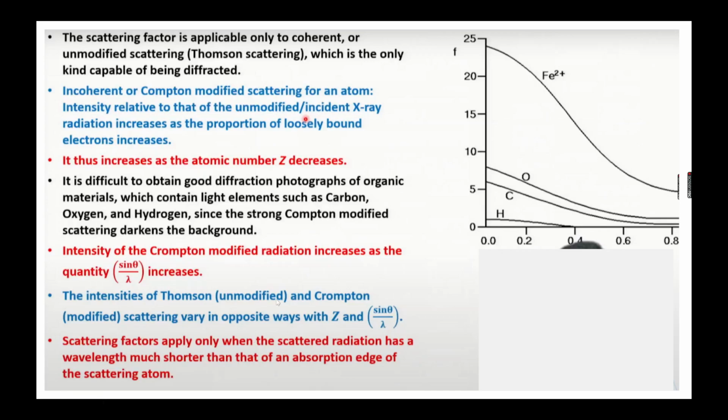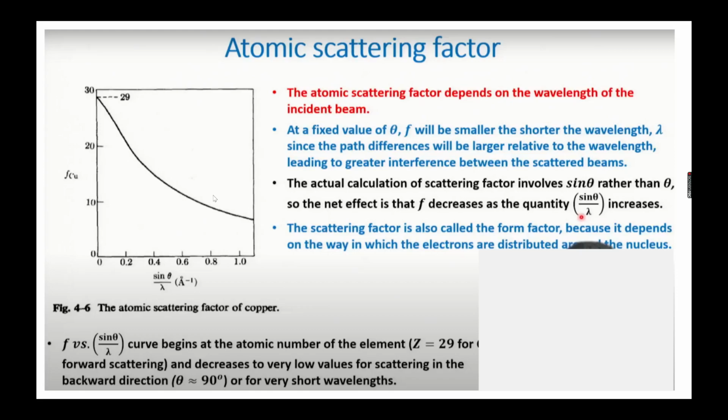For this you have to know where the absorption edge is and how it is related. Apart from that, the slide also talks about Compton modified scattering and more, but the answer was A.